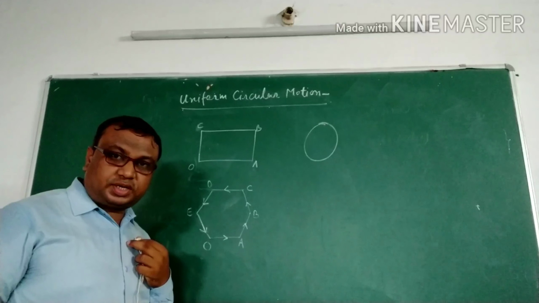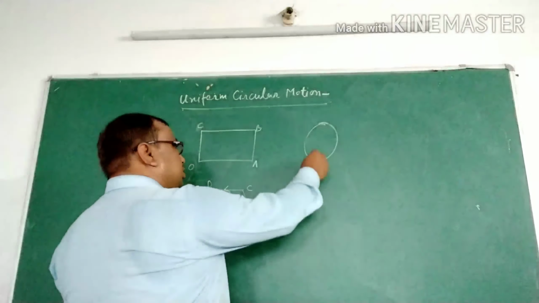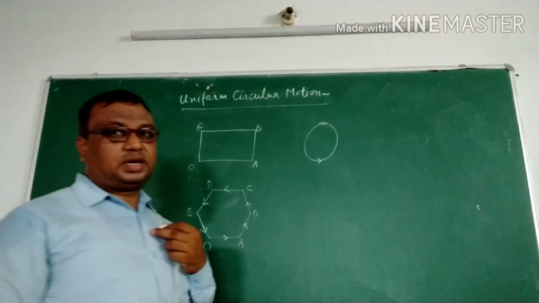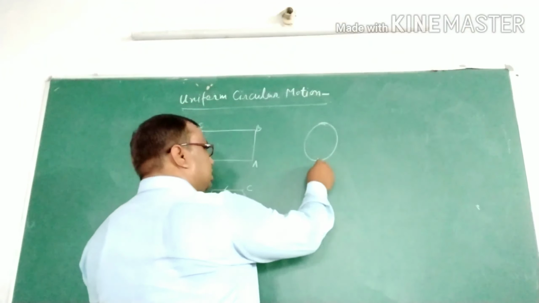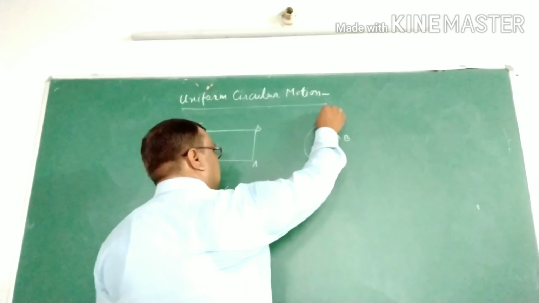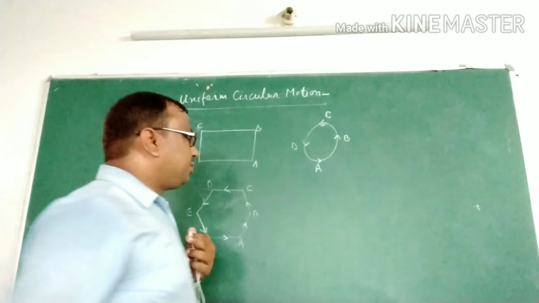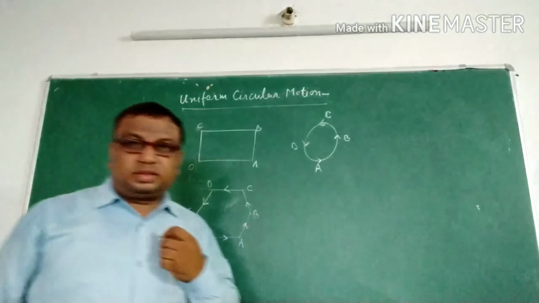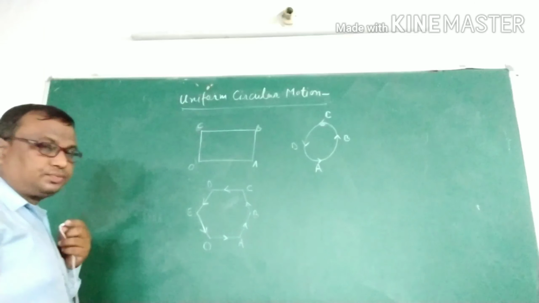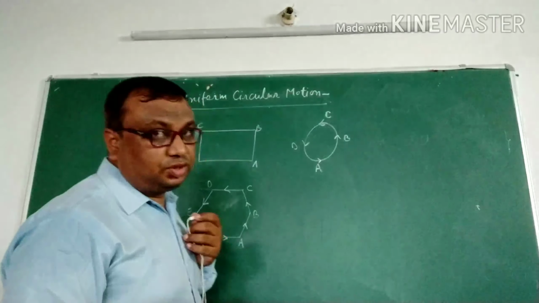Similarly, if an object starts and completes the circumference of a circle through points A, B, C, D, and reaches point O again, then its total velocity is 0, but its speed is not 0.